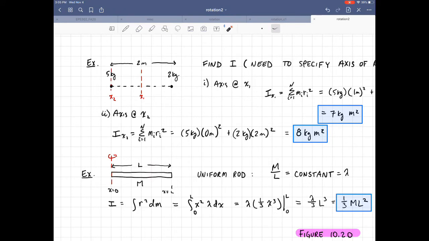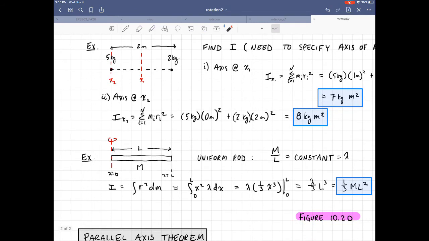And so I'm going to write the ratio M over L as a constant. I'm just going to call that lambda. Lambda is a typical mass per unit length constant. All right, so this just represents the mass per unit length of the rod. So if you multiply this by the length of the rod, you get the amount of mass that you're considering.